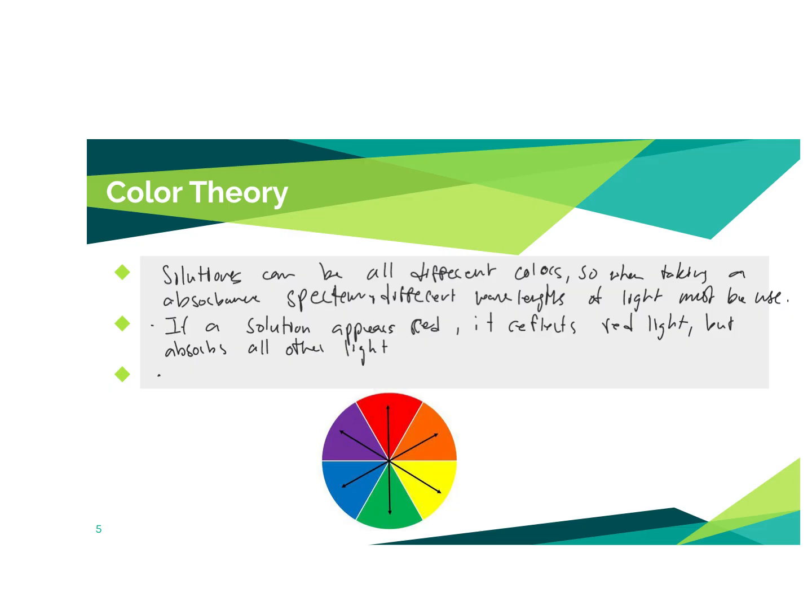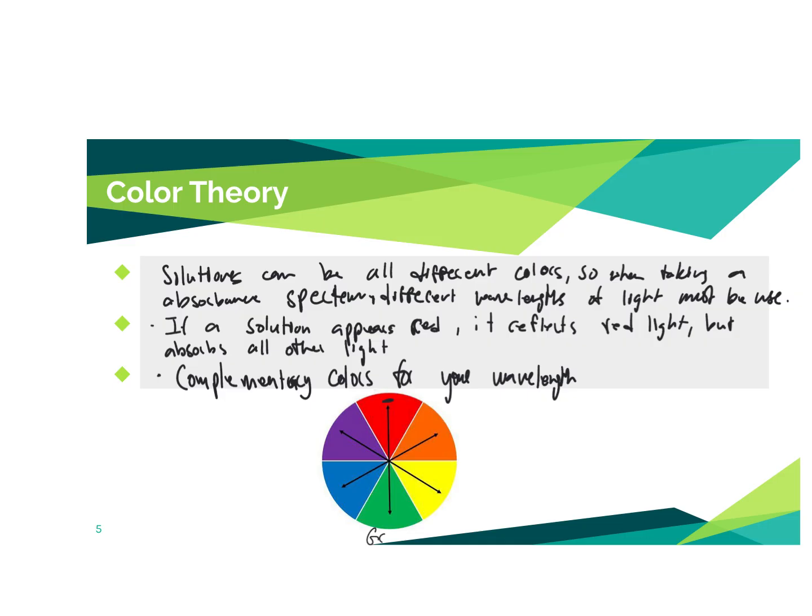And so oftentimes you will use complementary colors for your wavelength. So if something appears red, for example, you would want to use green light to excite it.